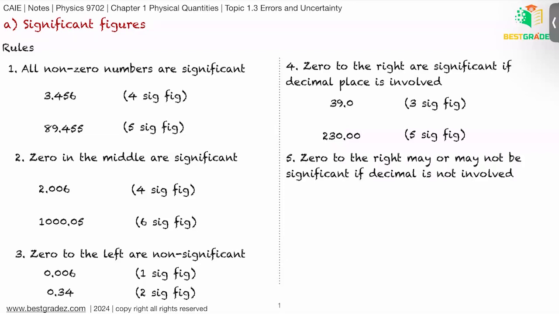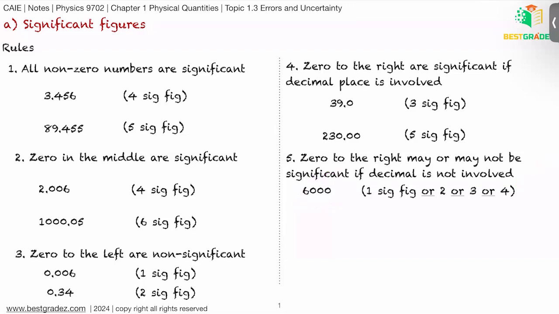Okay? Now, fifth point we need to understand in a little more detail. If you do not have decimal, 6,000, then this is a problem. Do we consider these zeros as significant or not? That is a question. So if they don't give you further information, then every number is fine. Like if you call it 1, 2, 3, 4, all are acceptable values.